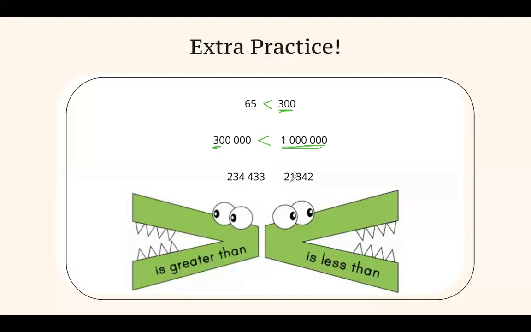So then we have the next number, which is 234,433 versus 21,342. Which one of these is larger? Again, 234,433 versus 21,342. Well, in this case, 234,433 is the largest number.